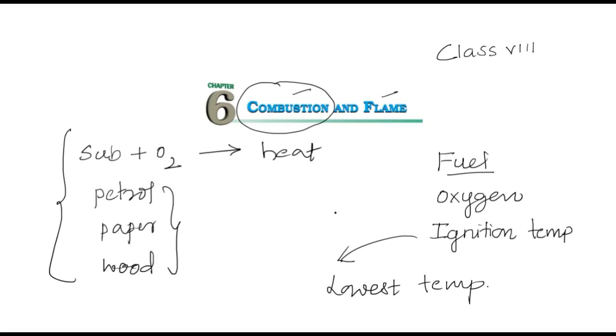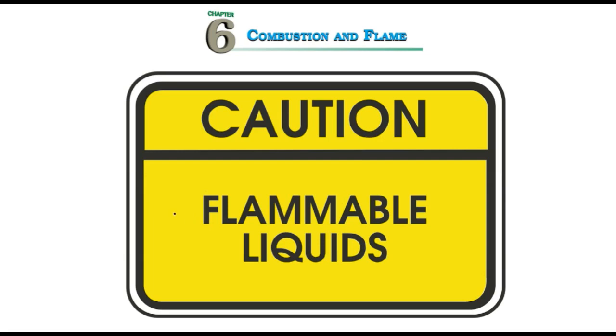You must have seen on some vehicles a caption written: caution, flammable liquid. What do we mean by flammable? We can even say inflammable substance or inflammable liquid. These are substances which have a very low ignition temperature, so they can catch fire suddenly.